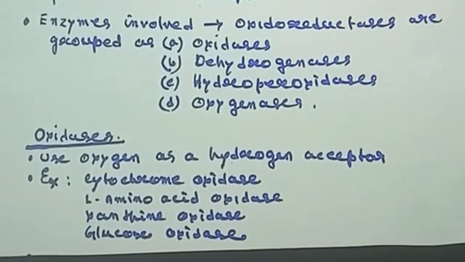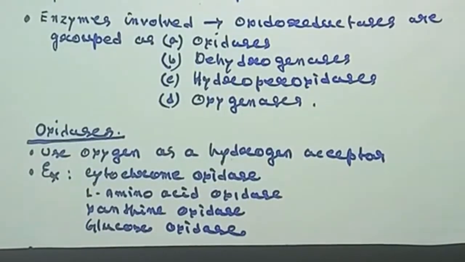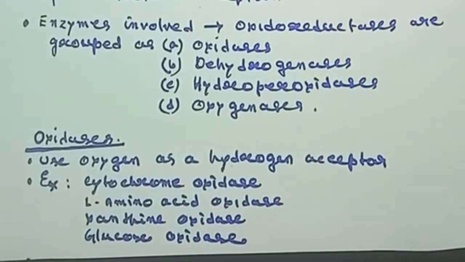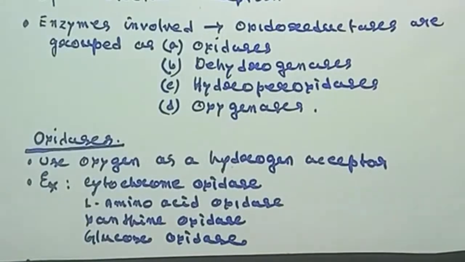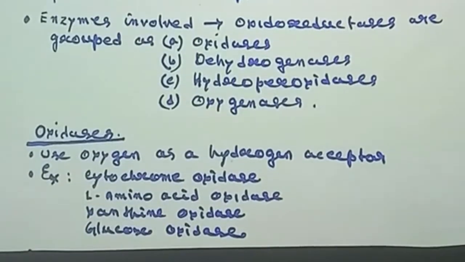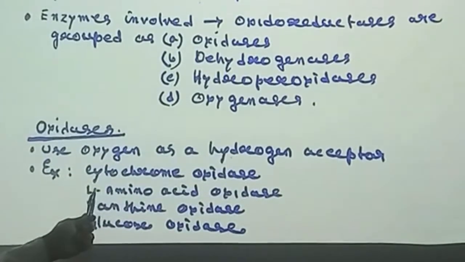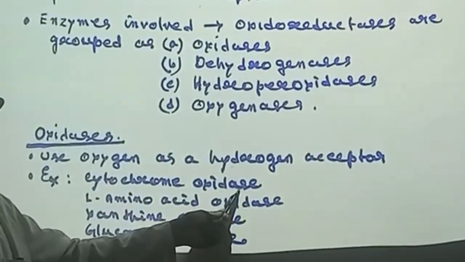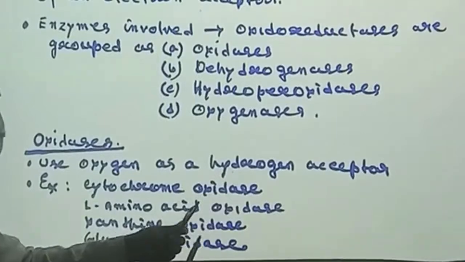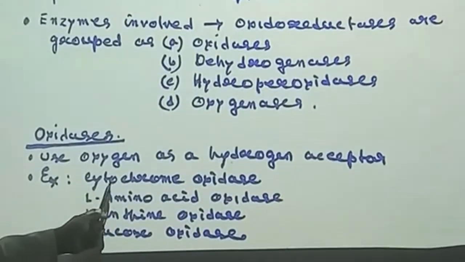Electron has to be moved to generate energy, and that energy is captured in the form of ATP. We will gradually get our concept into this matter. So first, oxidases use oxygen as the hydrogen acceptor, like cytochrome oxidase. You will find it in the electron transport chain. We are going to discuss that in the next class.